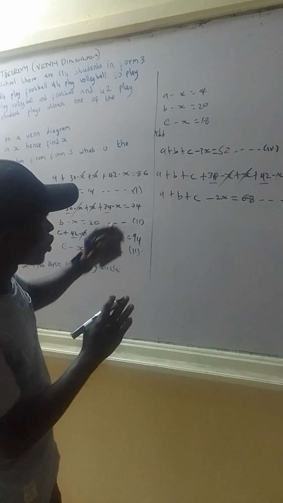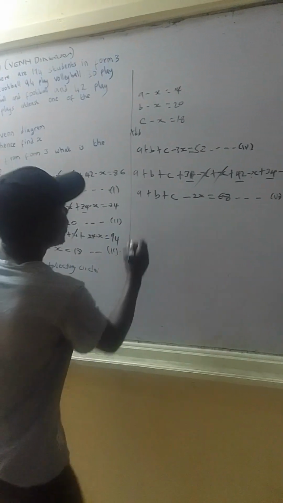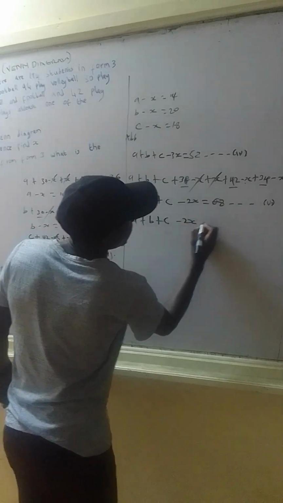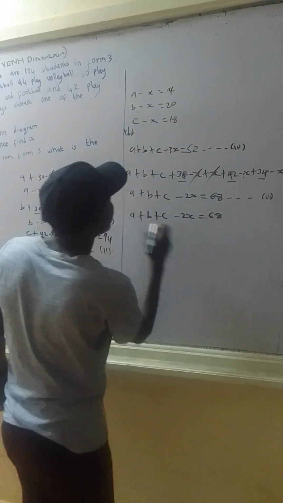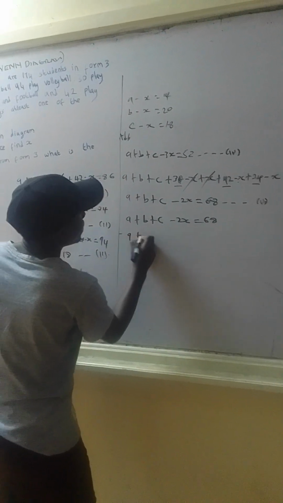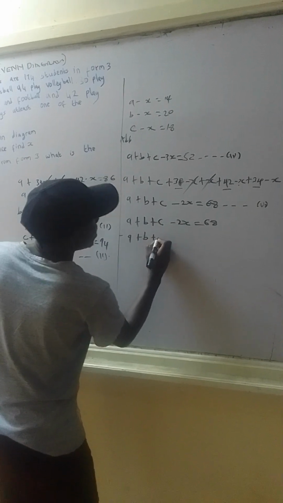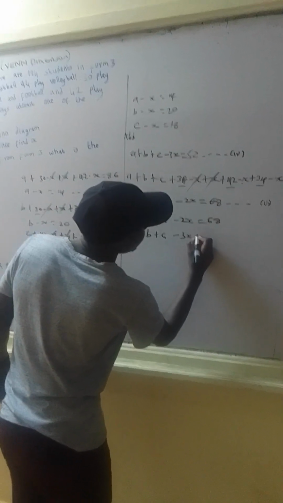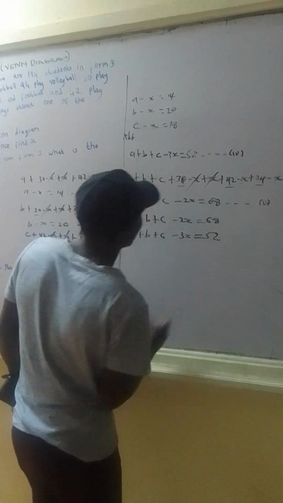Then I subtract equation 5, subtract equation 2. I will rearrange a plus b plus c minus 2x is equal to 68. Then subtract a plus b plus c minus 3x is equal to 52.